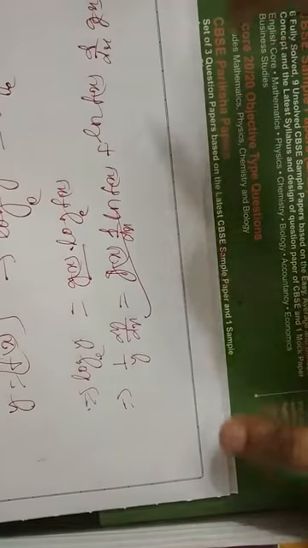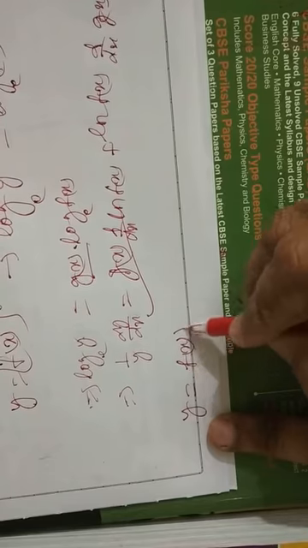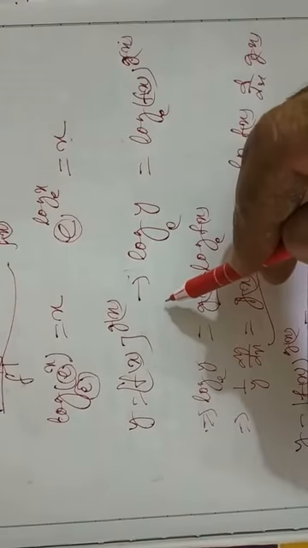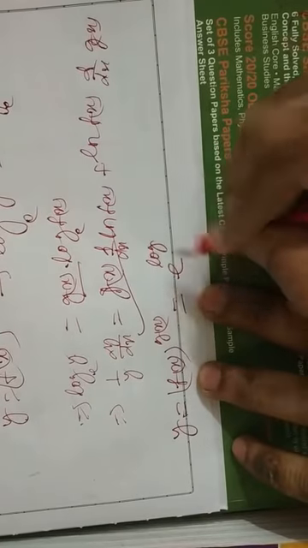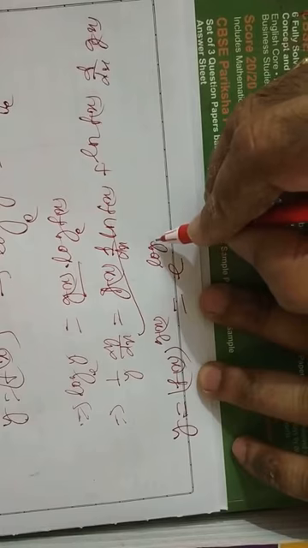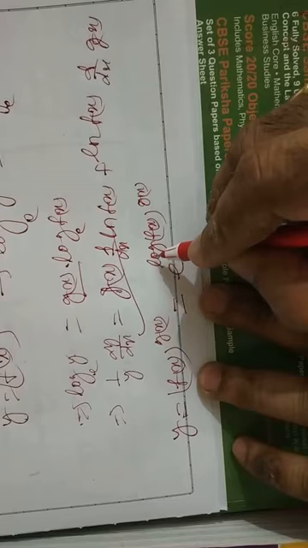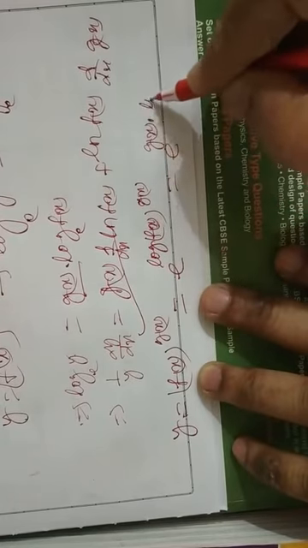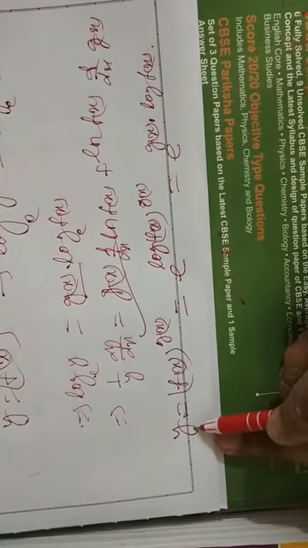Second way of approach is, if y is f(x) power g(x), now I know x is same as e to the power log x, or not? Now y is same as e to the power log y, or not? What is log y? Log of f(x) power g(x). Now log of f(x) power g(x) I write g(x) into log f(x). I can get directly derivative.